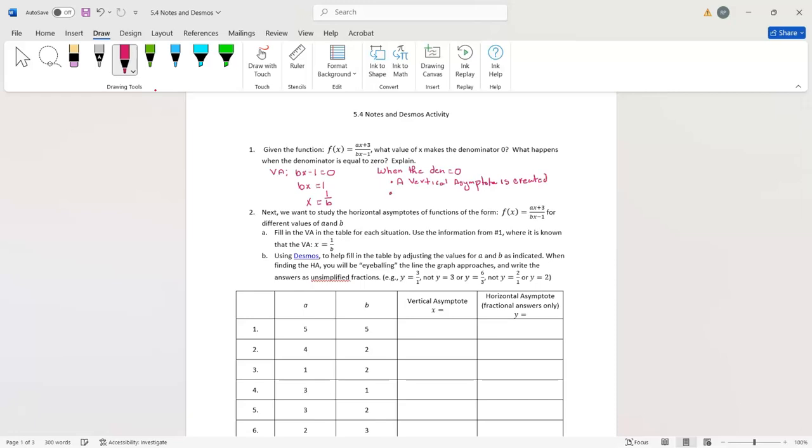Another thing that happens is that the function becomes undefined.